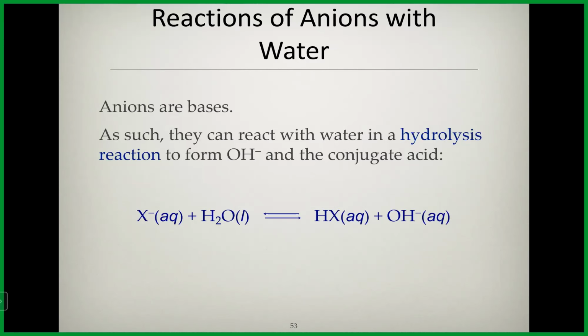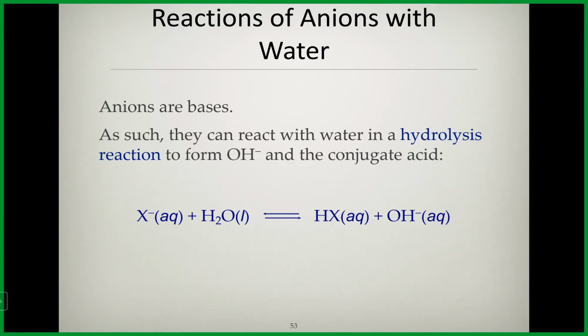And then what we're also going to see is that certain ions are actually going to be acidic or basic. What we'll see is anions tend to be basic because they have that negative charge.